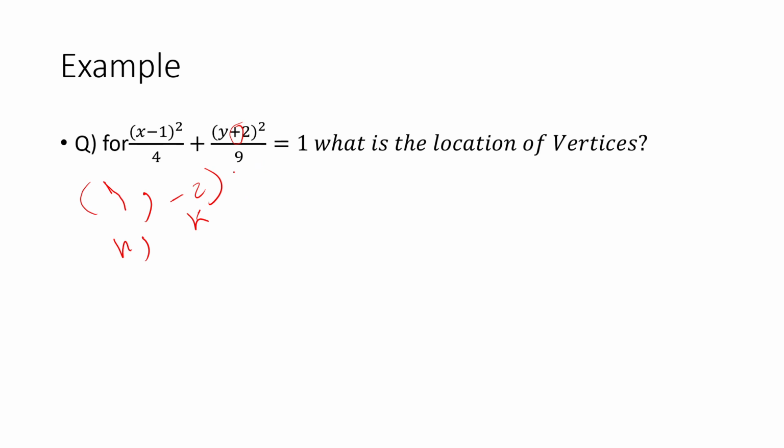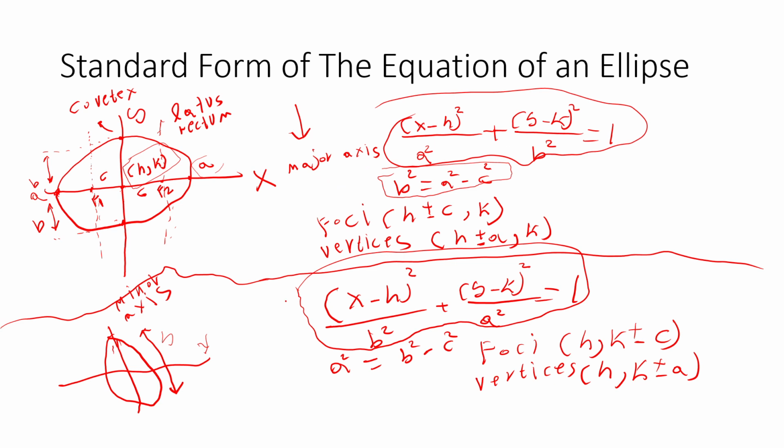Which denominator has a higher value? Is it the denominator under the y, or is it the denominator under the x? If the y is larger, we know that the major axis is the y-axis. Major, in this case, is y. So we have to use this formula here.